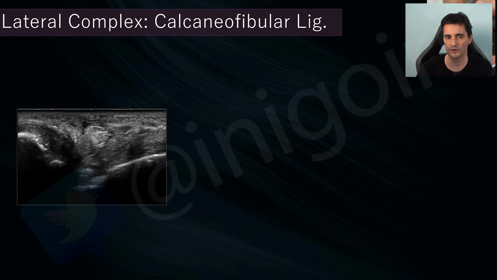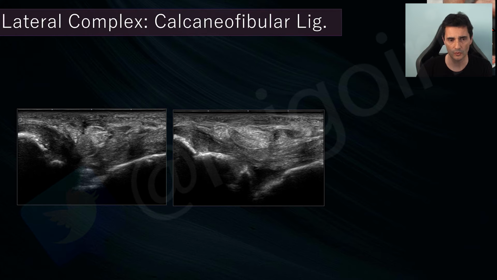And this is an example of an injured ligament with this hypoechoic thickening. This is the fibula, this is the calcaneus, and these are the peroneal tendons. Okay, and you can notice with the dynamic maneuver, this ligament becomes more tense, and you cannot see any area of tear inside the ligament.